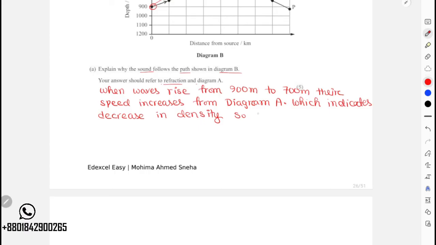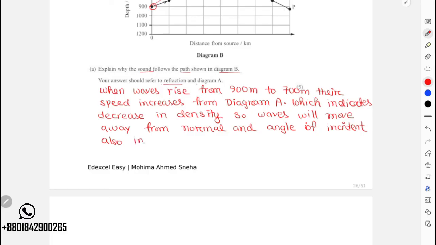So waves will move away from normal, and the angle of incidence is greater, and the angle of incidence also increases, thus making it greater than critical angle.